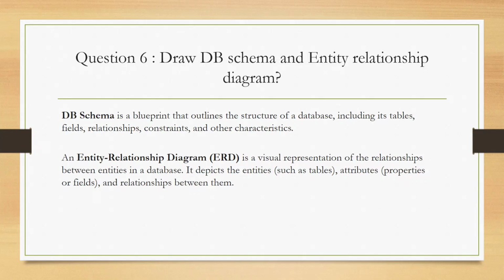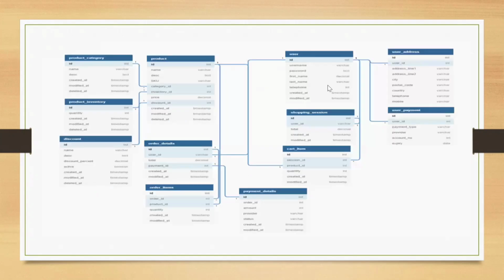And the ER diagram is a visual representation of relations between entities in the database. Entities are tables, attributes are the properties of those fields, and then the relationships between them. You need to draw either the DB schema or the entity relationship diagram, any one of them. And this is how we will draw the diagram.